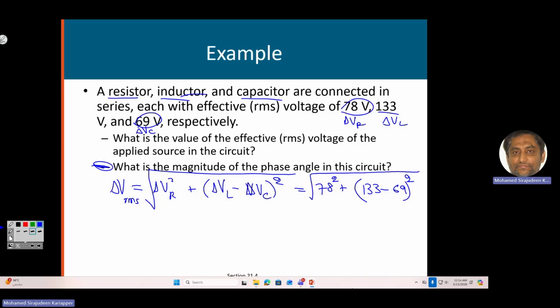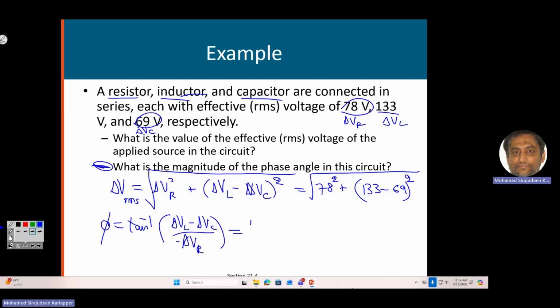Part B, second question, what is the magnitude of the phase angle? Tan phi is the ratio of the y component, so that will be delta V L minus delta V C, divided by the x, the horizontal axis, which is the delta VR.